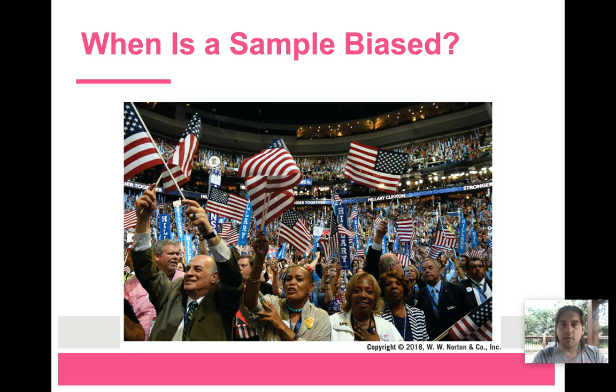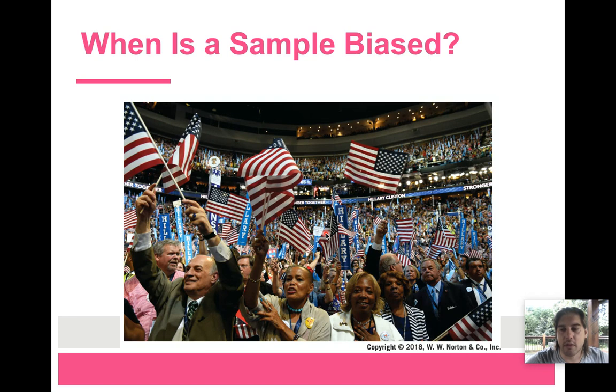That's super convenient for me. Let me just go there and collect my data from them because it'll be easier, right? There's a whole bunch of registered Democrats all in one place. Let me just survey them there. So that seems like a really, really good idea. And it is if what you're focused on is convenience.